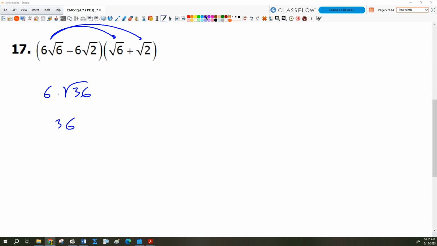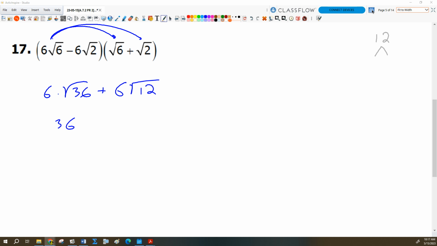How about the next one? We distribute to the square root of 2. Abby, how am I going to deal with that? 6 radical 6 times the square root of 2. Okay, good. I get a 6 on the outside. What goes on the inside? 12. Beautiful. Okay, so I'd have to simplify that one a little bit, wouldn't I? I could go over here and make a 12 factor tree.